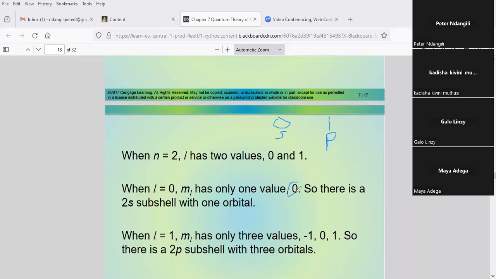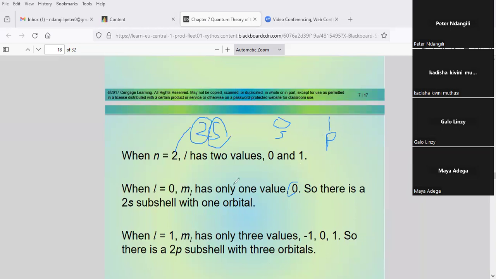Therefore, this s orbital found in n equal to 2, we call it 2s. The 2 is the principal quantum number, and the s is coming from the value of L, because the value of L gives us that particular orbital. And you can see that it is only 1.